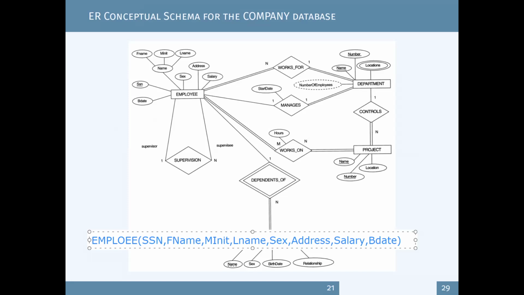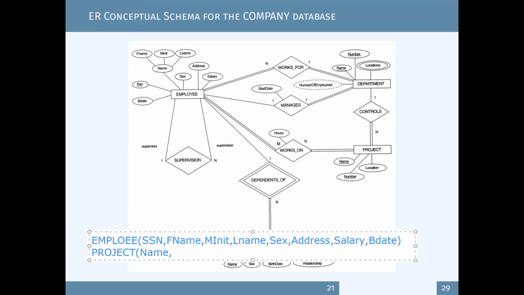So we create a relation or a table for project. So how to do that? We'll say project, and I include name, number, and location. Exactly. Name, number, and location. Okay, good. Telina, Bhagya gave me the answers.